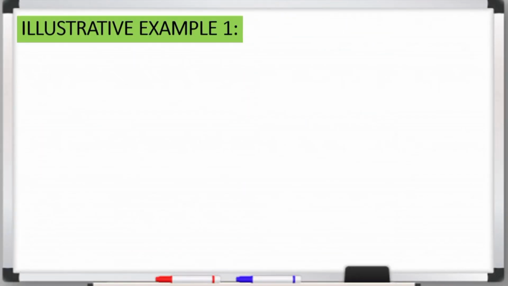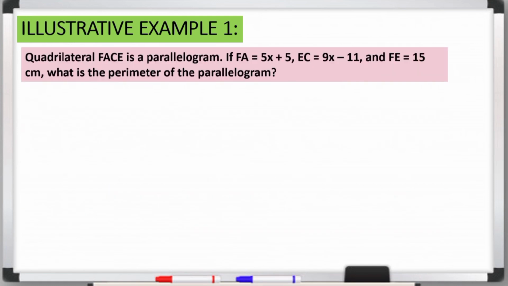Illustrative example number 1. Quadrilateral FACE is a parallelogram. If FA equals 5x plus 5, EC equals 9x minus 11, and FE equals 15 cm, what is the perimeter of the parallelogram? Solution.